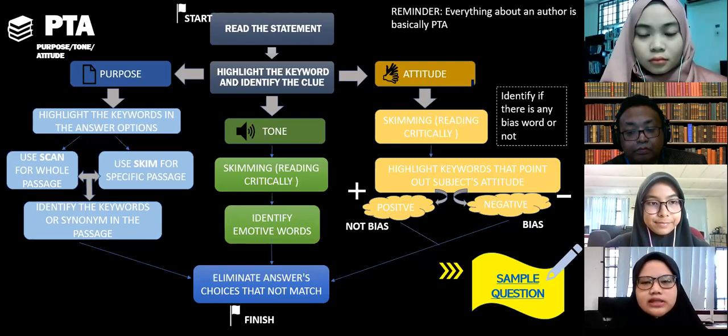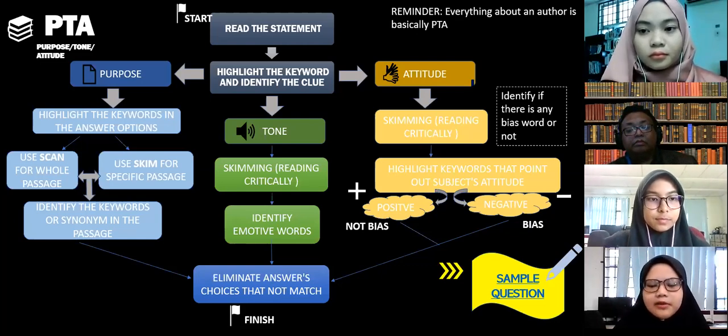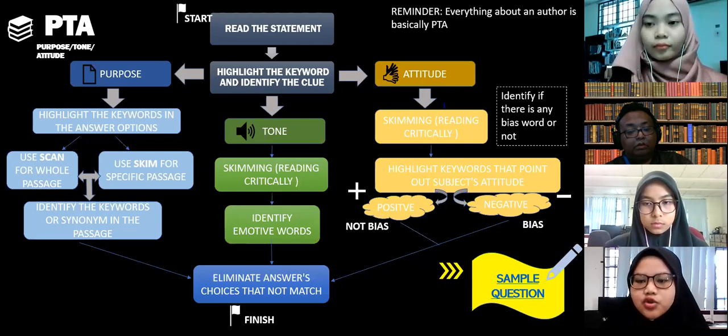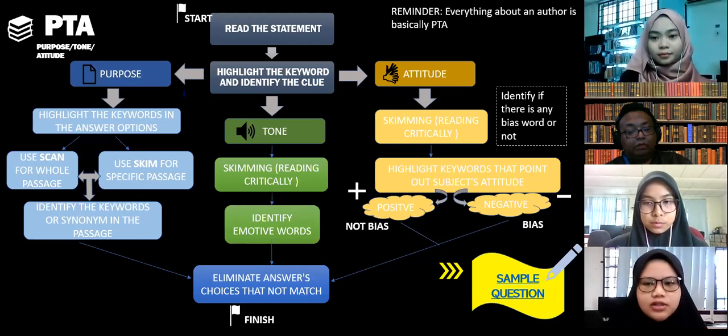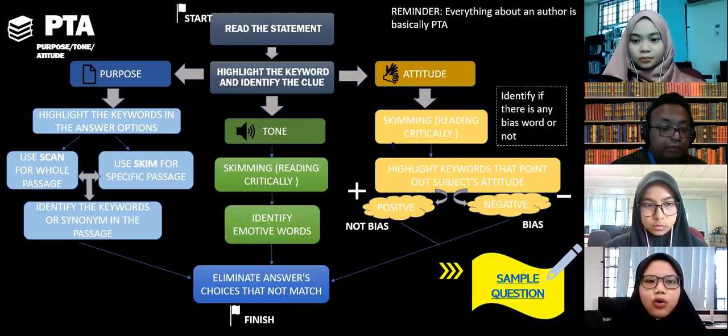Basically, attitude is the hardest part of PTA because attitude requires your skills to identify the passage type and also requires your knowledge. For attitude, the first thing that you can do is skimming, which is reading critically and analyzing, because usually an attitude question asks you about the whole passage.